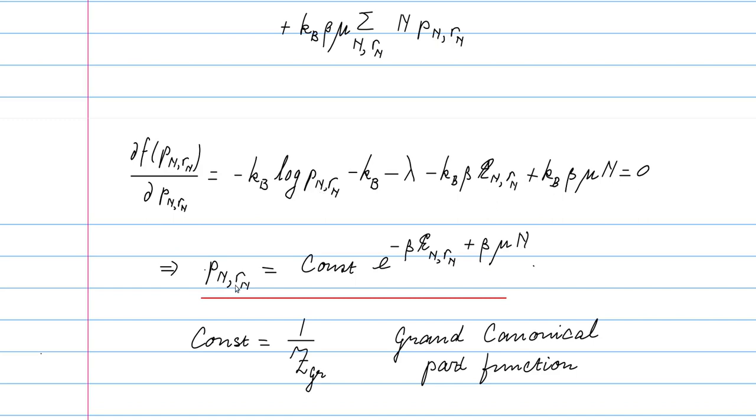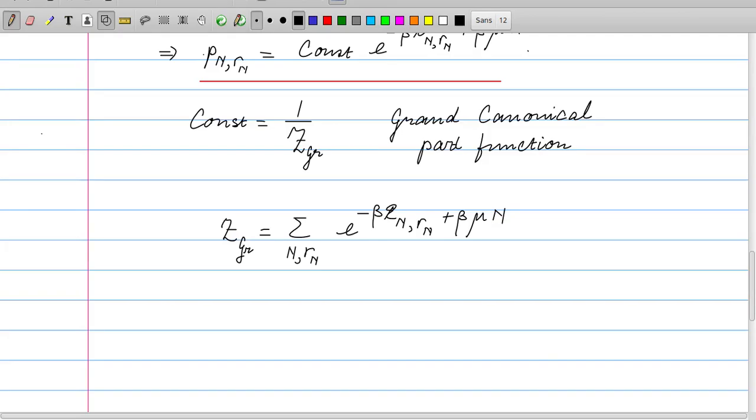It gives me p_n is a constant times a Boltzmann factor, but there is an additional term which arises from the constraint on the expectation value for the number of particles, and that is beta mu N. The constant in front of it is called 1 over Z grand, where Z grand is the grand canonical partition function. Z grand is the sum over all the particle numbers and the states for each particle number.